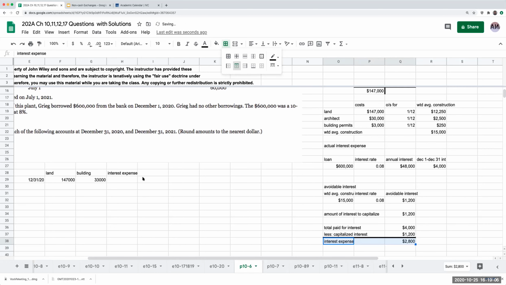Okay, so when it comes to dealing with the interest being capitalized, we do not need to allocate this between land and the building. Rather, we're just going to put this into the building cost.